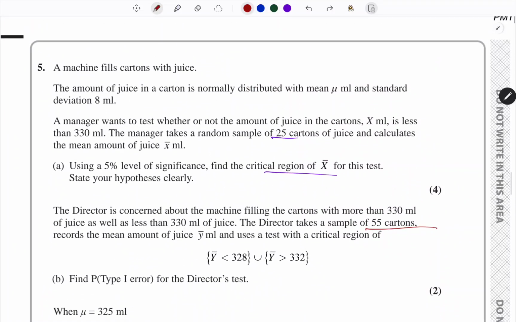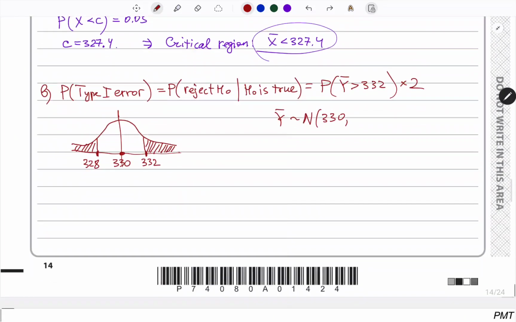It's 55 now, but the standard deviation remains the same. So it's 64, the standard deviation squared, but divided by 55 now, not 25. Be careful with it. So I use my calculator. It says 2 must be multiplied by 0.03186, which gives 0.06373.